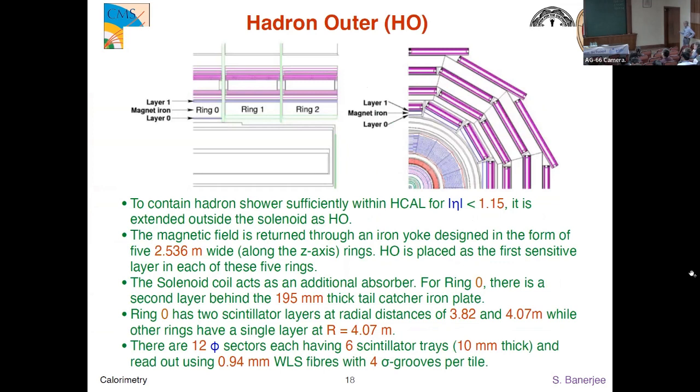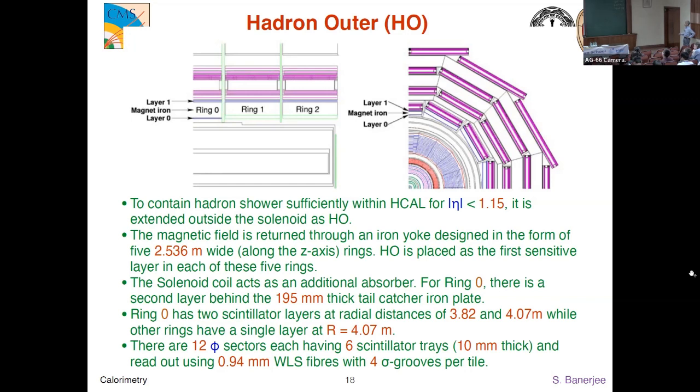Now comes the outer hadron calorimeter, and this essentially contains the entire end of the shower, particularly for small values of eta, very close to the so-called ring zero of the calorimeter.